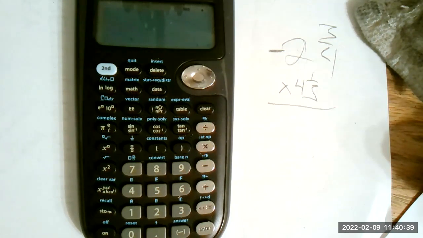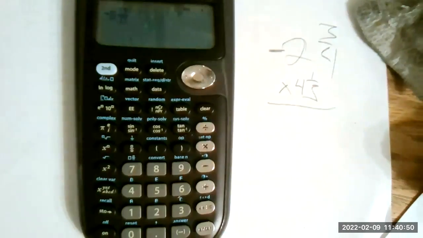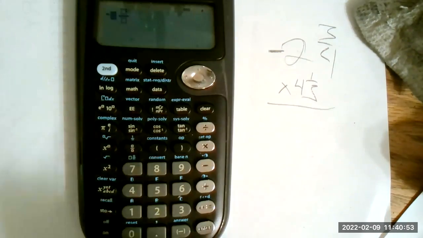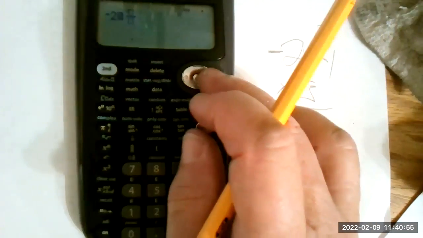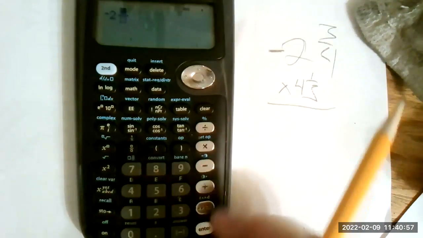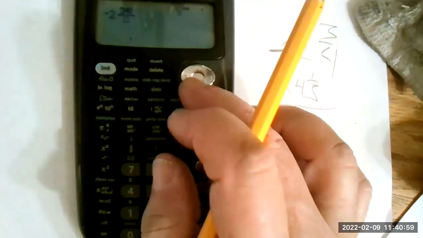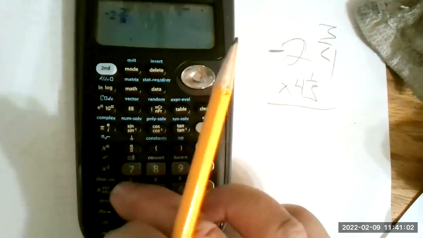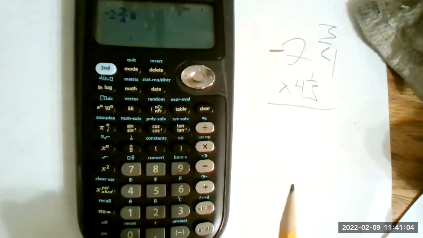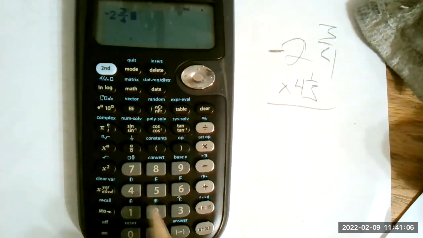So this negative right down here. I want negative this fraction, second 7. Now I go 2, move over to the numerator, 3, move down to the denominator, 4, move to the side. So I hit the negative symbol down here first, then I input the fraction.